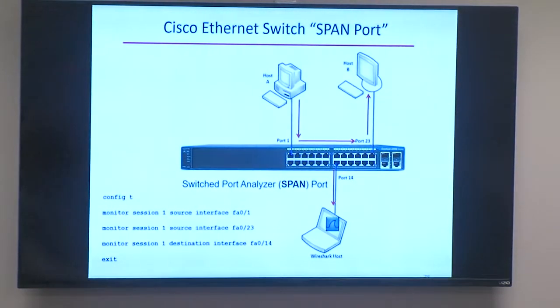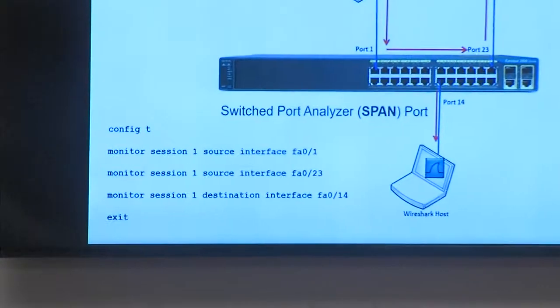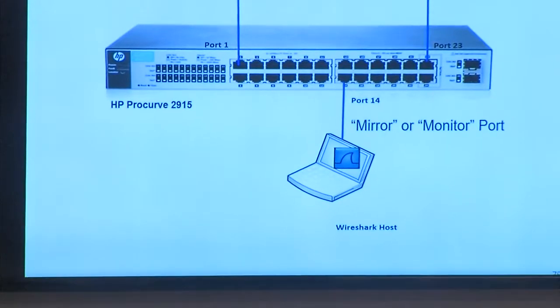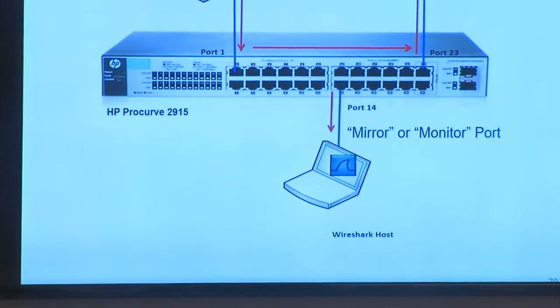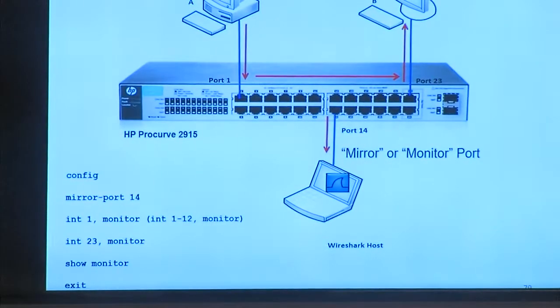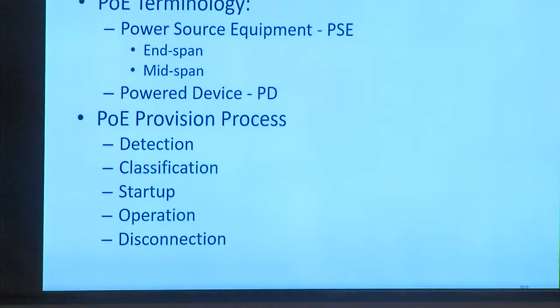And again, pretty easy to configure in terms of the command lines to do that. If I have HP switches, same principle, okay? And a different syntax of my interface, but again, pretty easy way to do that.